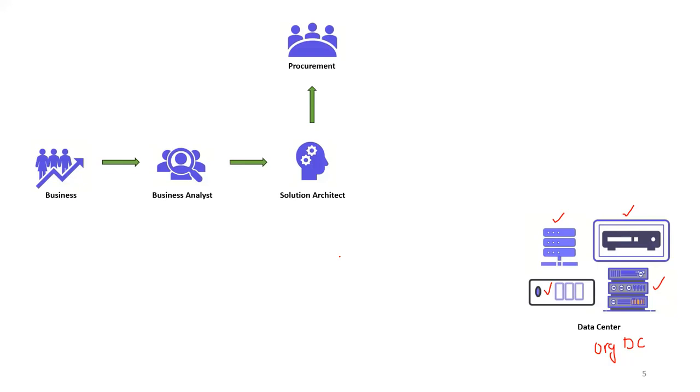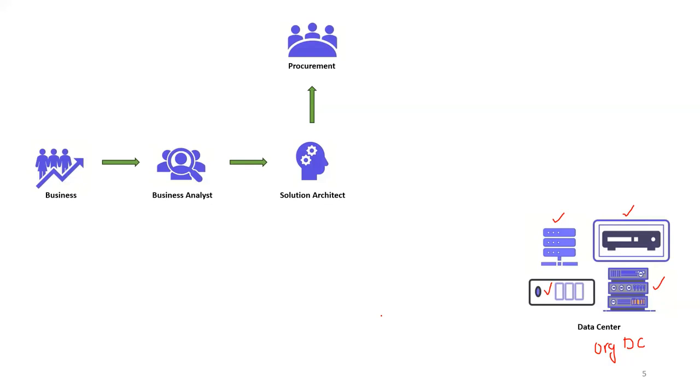All of this infrastructure has to be deployed in the organization's on-premises environment only. This means making use of the assets in the data center. And if additional hardware or additional infrastructure is required, they would have to order it via the procurement team.